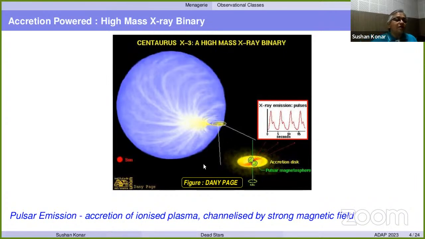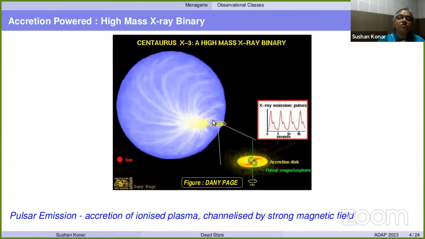And these function as X-ray pulsars. The mechanism of X-ray pulsation, the mechanism of energy generation is very different from what we have discussed yesterday, because now some material is being channeled to the neutron star from this huge star.